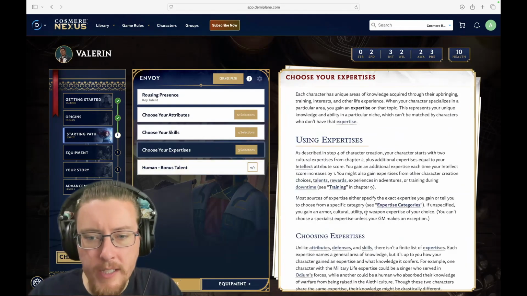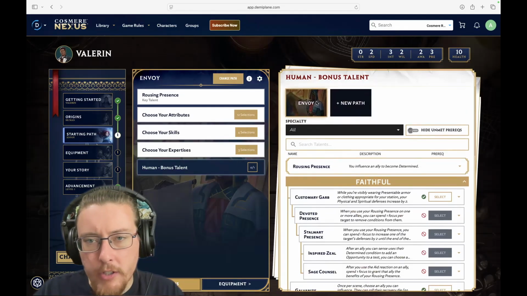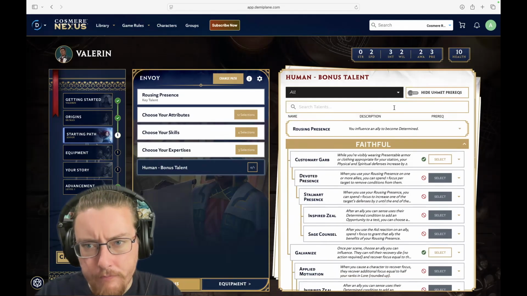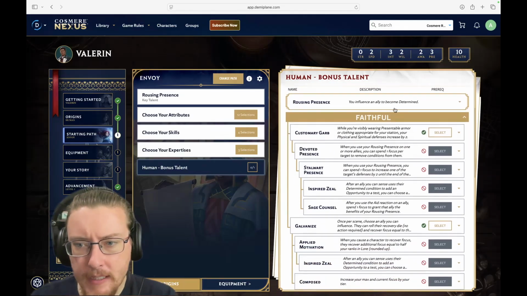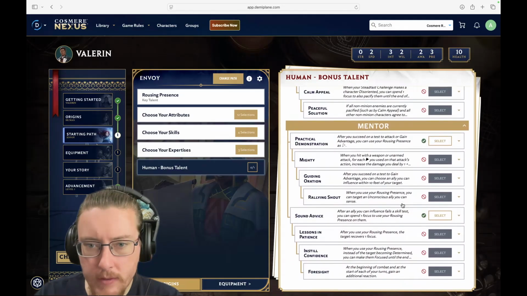Okay, now as a human, we get a bonus talent. We could select from Envoy, or we could add a new path. What do we already have? Or what options can we choose?